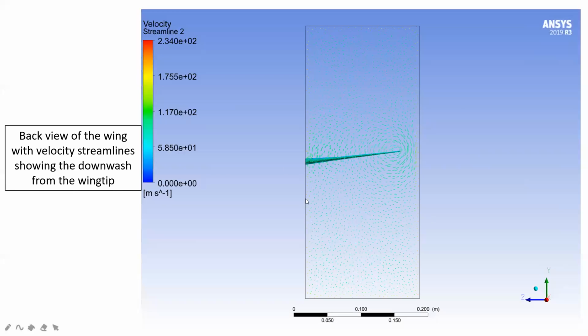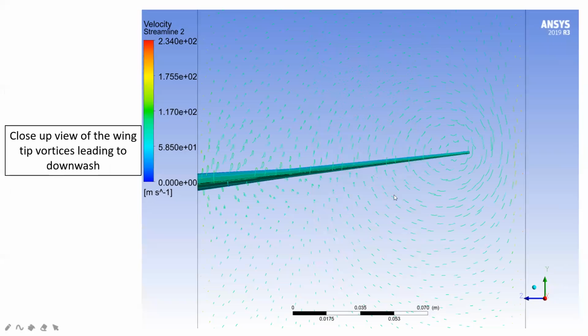This is a very interesting picture. This is streamlines, and we are looking from the positive x-axis, which means we are looking from behind the wing, from the outlet towards the wing. Let me zoom in on this picture. Now you can see that from the wingtip, there is this pattern of vortices forming.